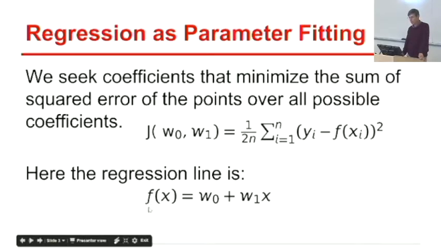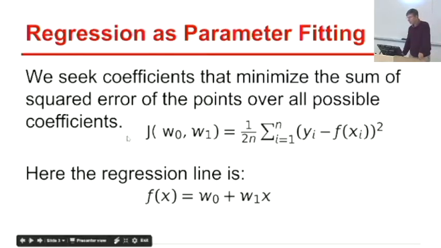We agree that we are looking for a line of the form y equals some intercept plus slope times x, and what we would like to do is find the coefficients that minimize the squared error.